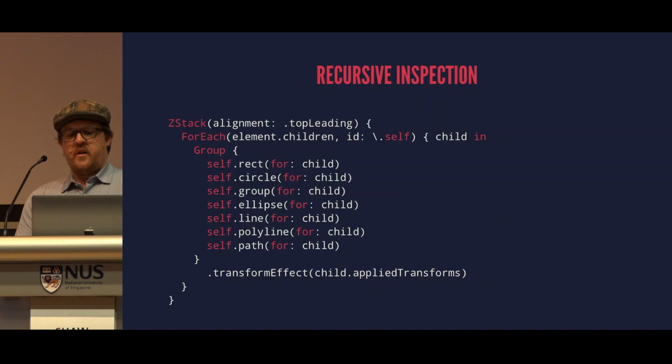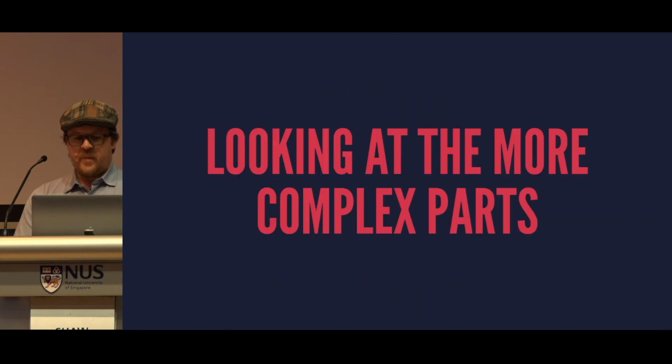So for each element, we'd go, is this a rect, a circle, a group, an ellipse, a line, a polyline, a path, and render it appropriately. Now, we then apply transforms, stuff like translate and rotate, all of that gets applied at the end.